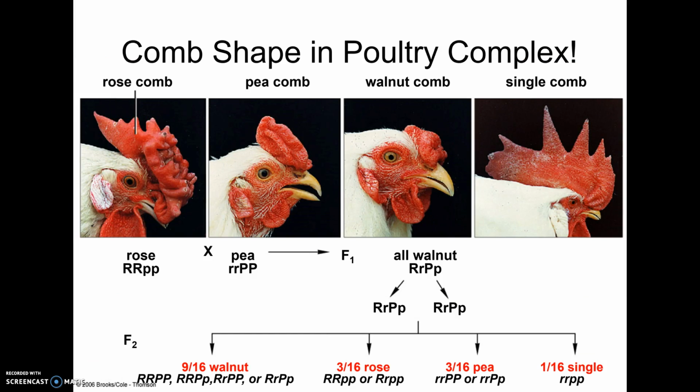I like this one. This is kind of cool. This is chickens. So the thing on their head is called a comb. The shape of the comb on their head is actually determined by two genes. If they have capital R's and lowercase p's, then they look like this. They get this very ugly thing. If they have lowercase r's and capital P's, they get this, which is a little better looking.